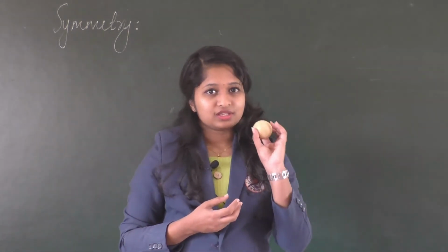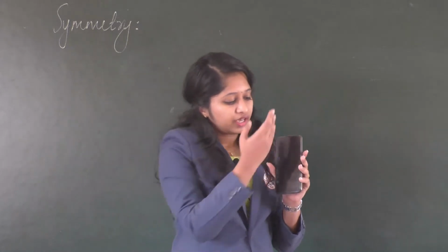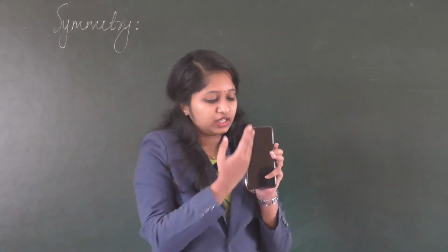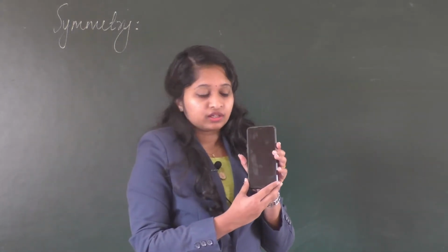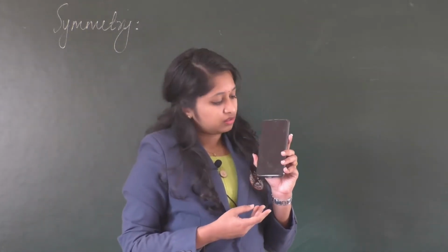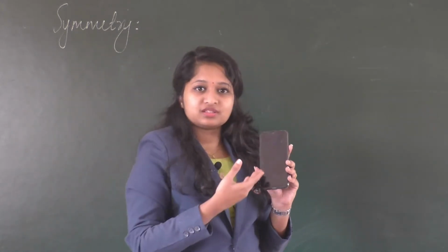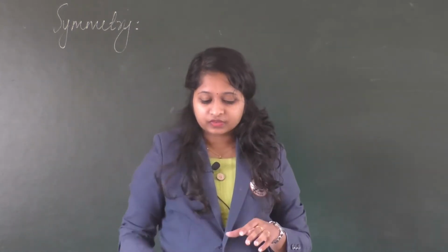That means this is symmetric. Or if I take a phone and draw one imaginary line like this, then a symmetry is formed. That means two equal parts are formed.